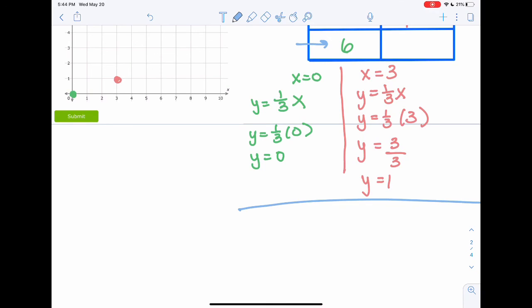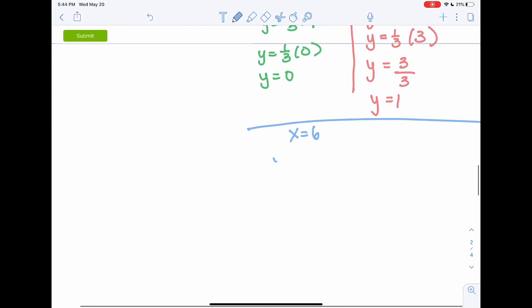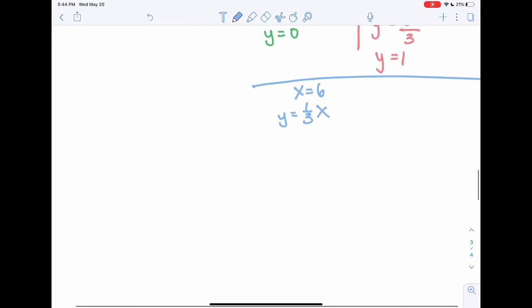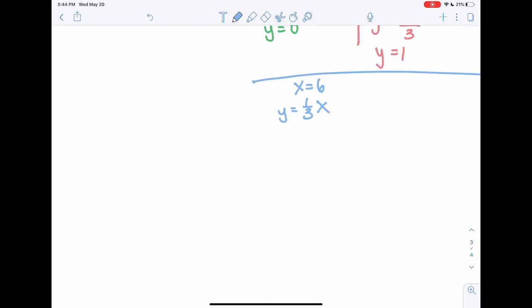So now x equals 6, and I'm going to substitute y equals 1/3 x. So I'm going to replace my x with 6. Y equals 1/3 times 6. Multiply by my numerator. So 1 times 6 is 6. Divide by my denominator. 6 divided by 3 is 2.